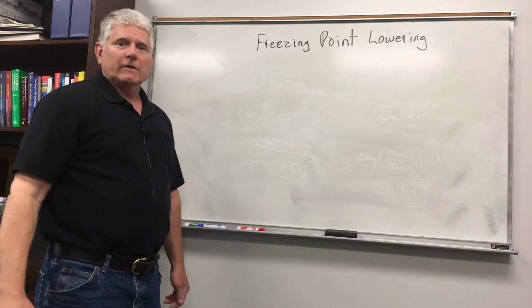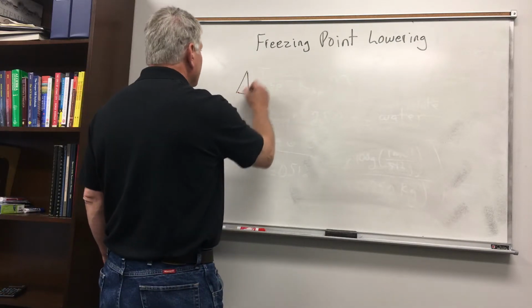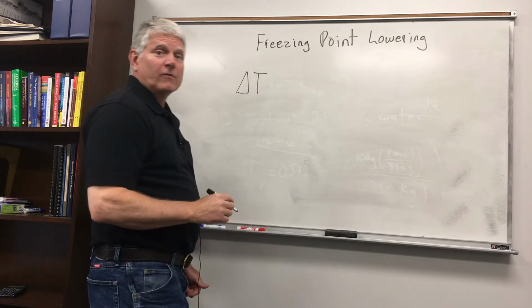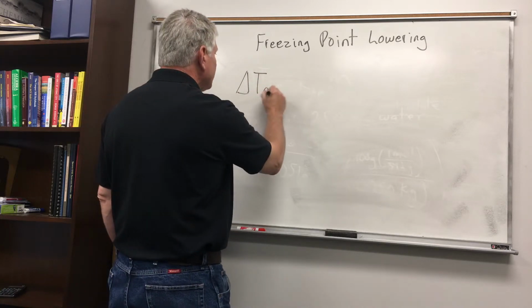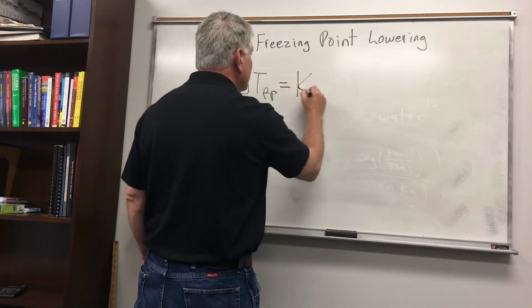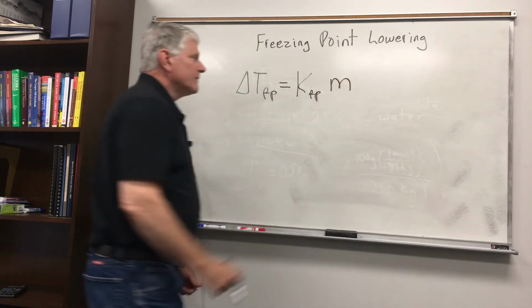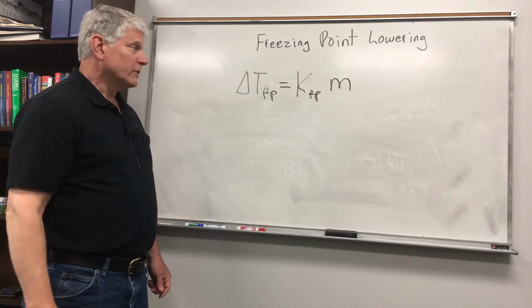Okay, now let's look at freezing point lowering, and this has the exact same form. The change in the freezing point of a solution is equal to its freezing point constant times the molality of the solution.